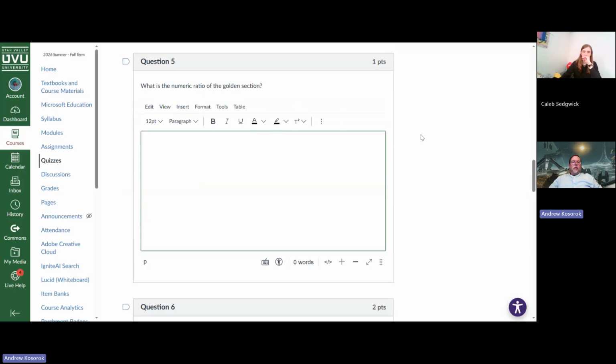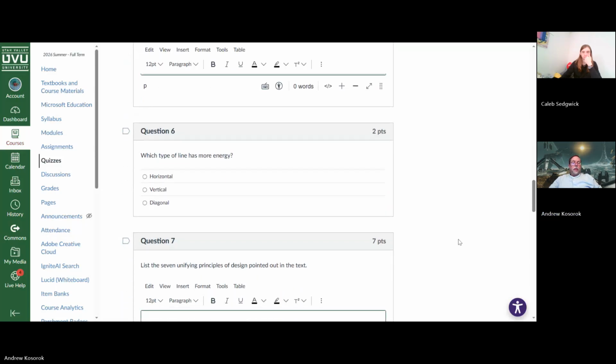So I put 0 points and say, hey, please clarify. The numeric ratio of the golden section, you can find that on Google, and that's pretty straightforward.